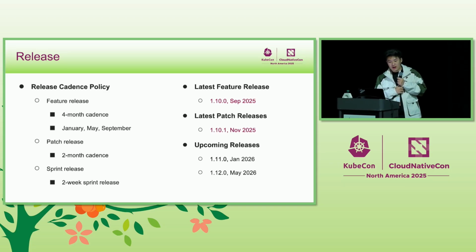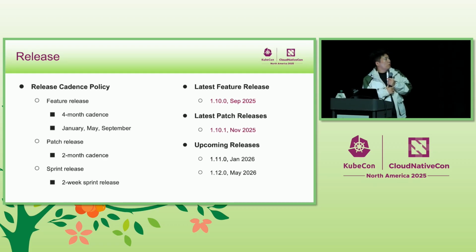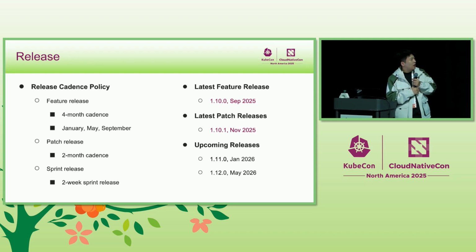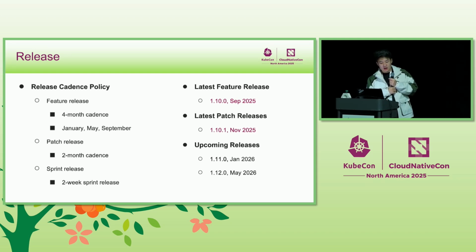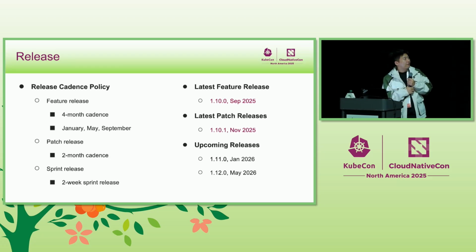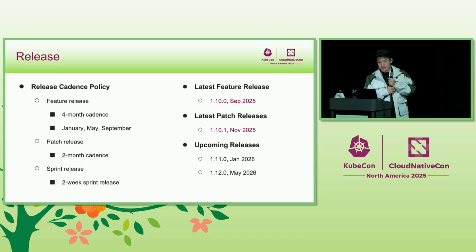Right now, we have a 4 months feature release cadence and a 2 months patch release cadence. And internally, we also have a 2-week sprint release since we are using Agile development. And our latest feature release is 1.10 in this September.